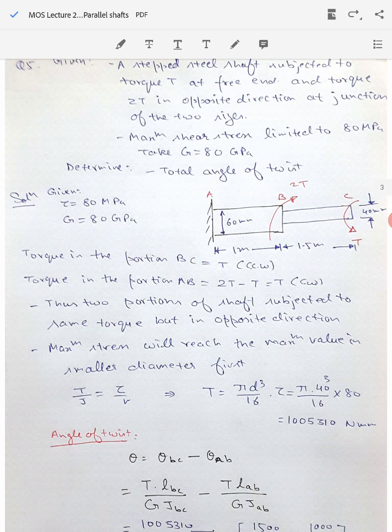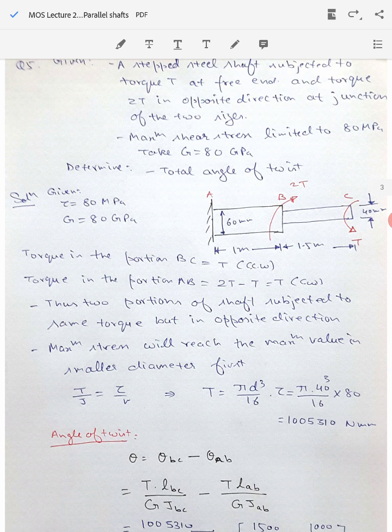So we see here that the torques in portions BC and AB are the same, but in opposite directions. The maximum shear stress will reach its maximum value in the smaller diameter first, because T by J is equal to tau by R. The value of J for the smaller shaft will be less, so that is why the value of tau will be higher for it.